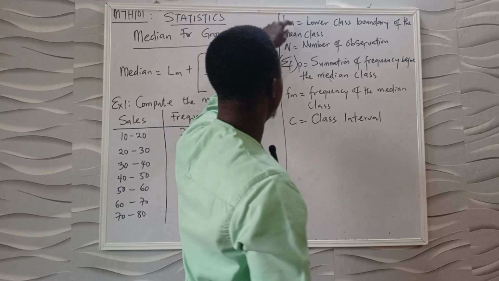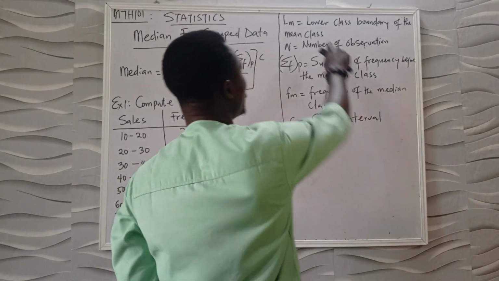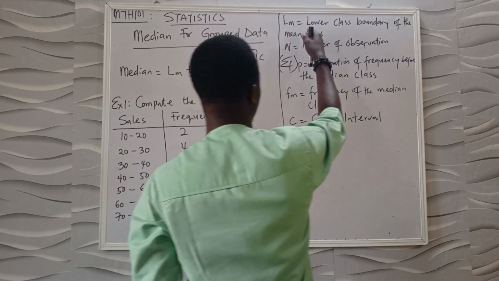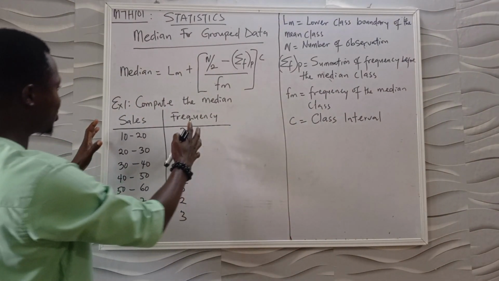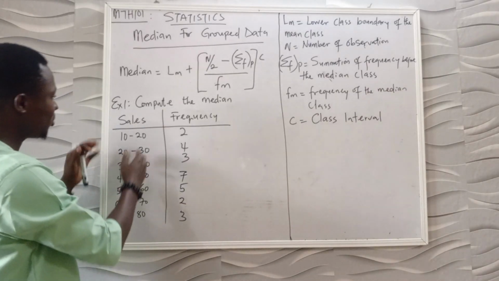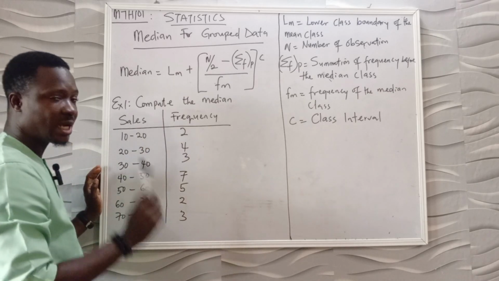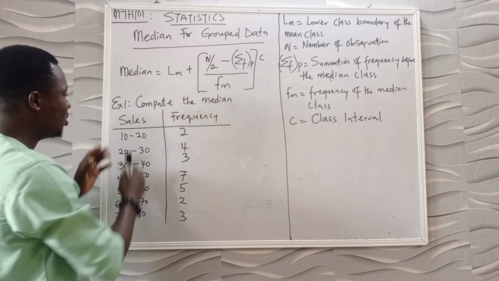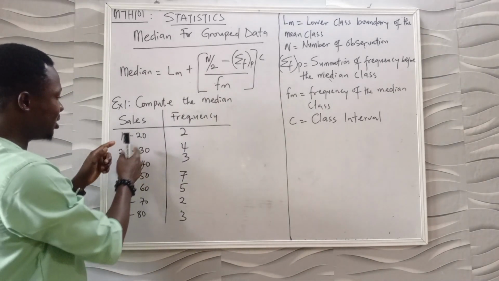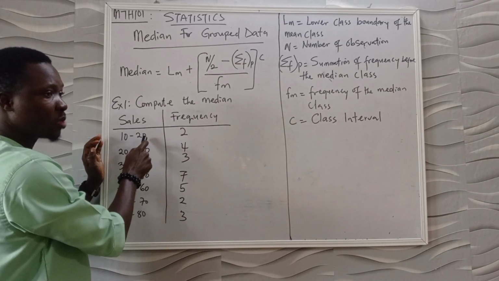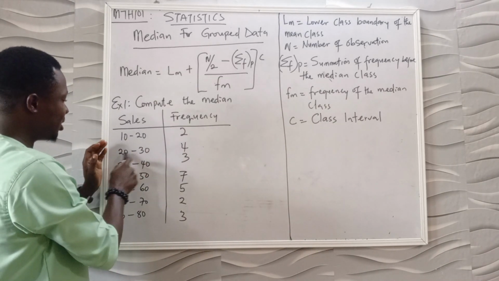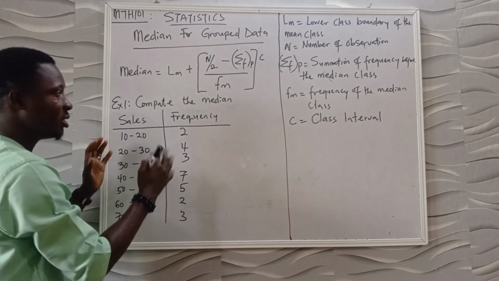So the L subscript M here is the lower class boundary of the median class. What do we mean by lower class boundary? Now look at this question we have here. This is what we call grouped data, like I said in my previous video. When we have numbers in this form, such that we are having 10 to 20, 20 to 30, 30 to 40, they are grouped.